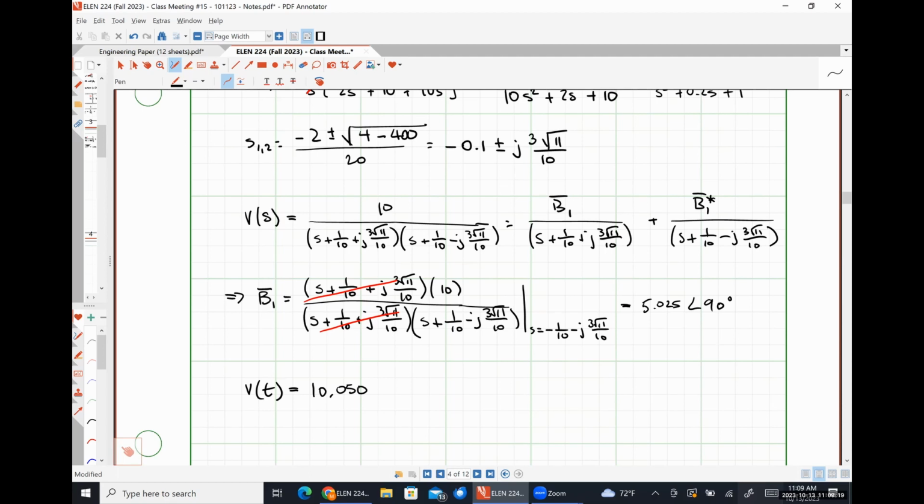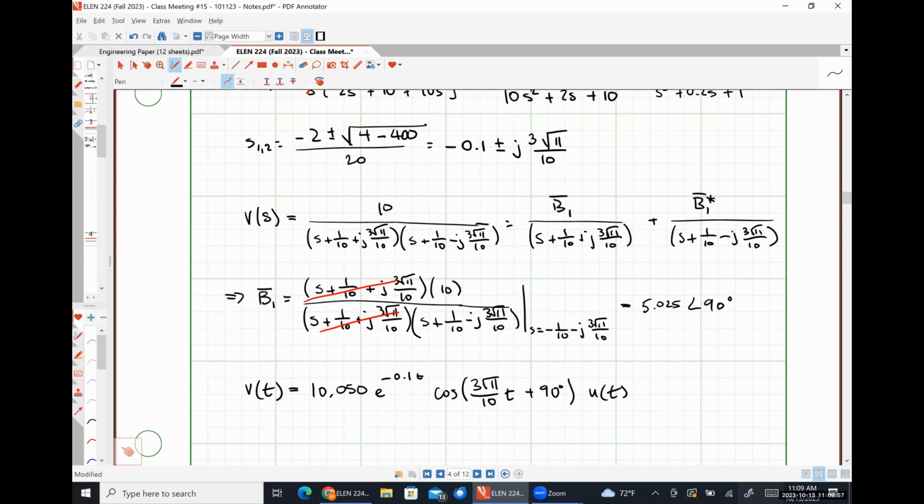I'm going to have e to the negative 1/10, so e to the negative 0.1, cosine, omega is 3 square root of 11 over 10, plus my phase angle of 90 degrees, times u of t.